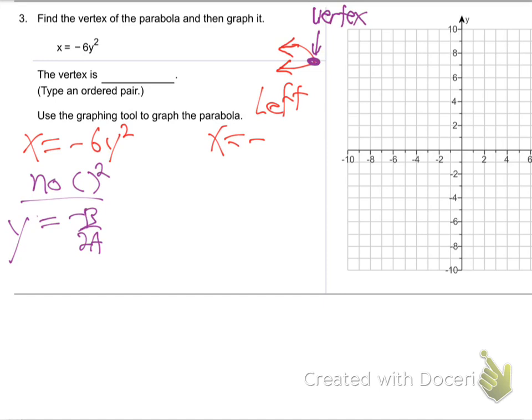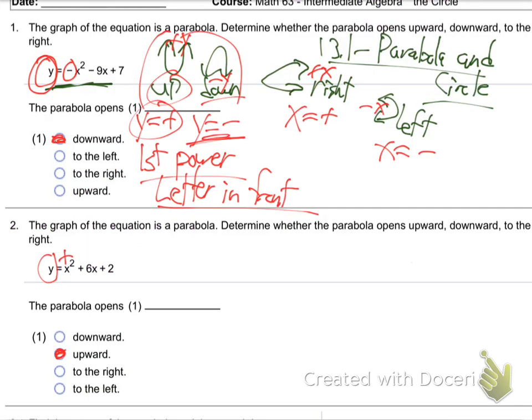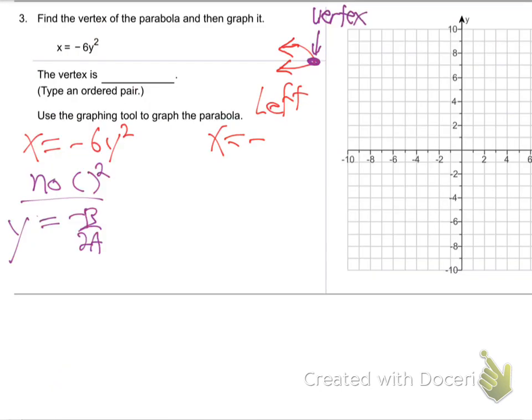You see the difference? Because normally, look back at number 2 and 1. See, they have y on the left side, so these are the ones that go up and down. But now we have x on the left side, so these go right and left, so that switches the formula, which is normally x equals negative b over 2a.